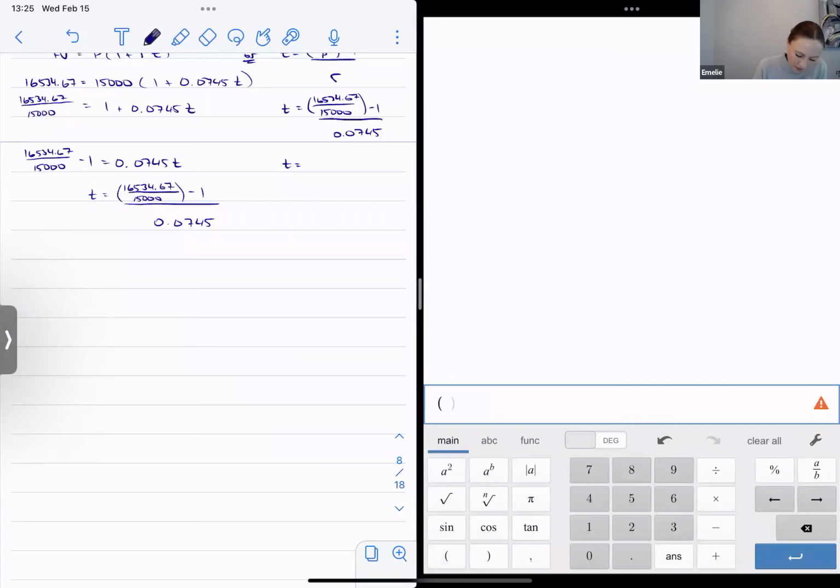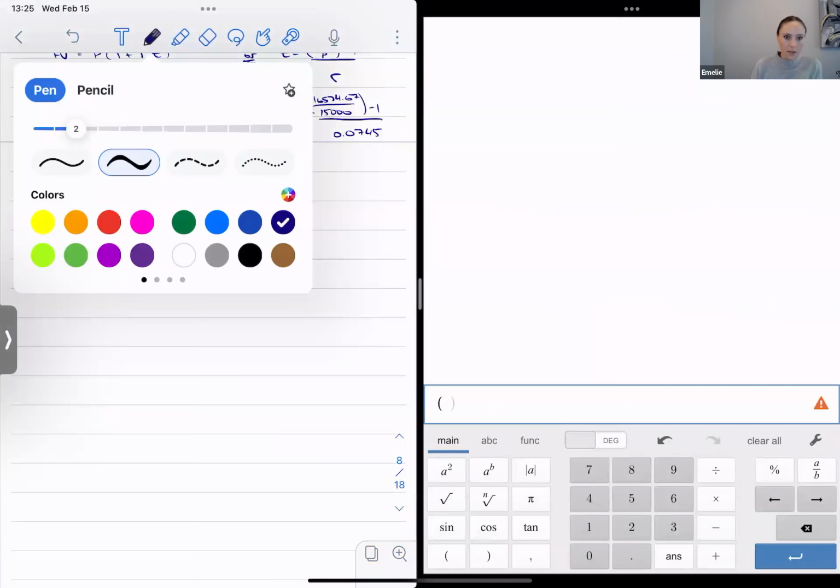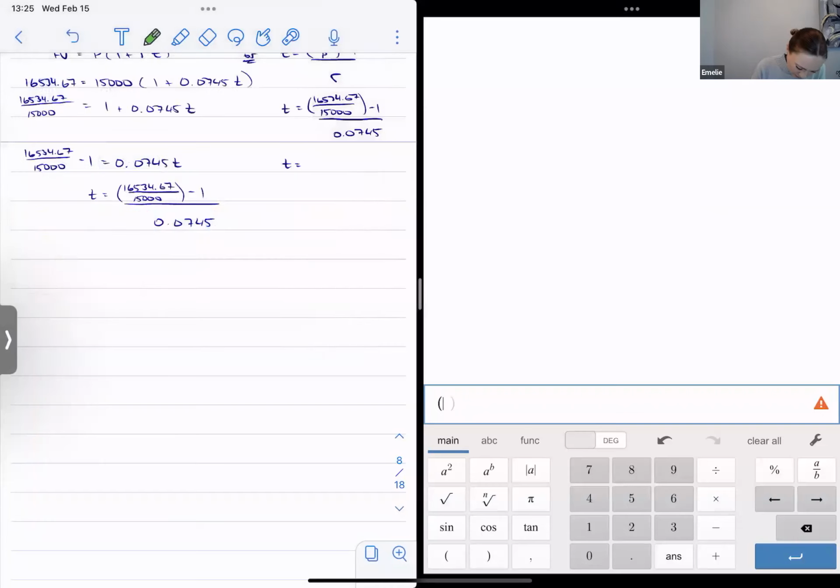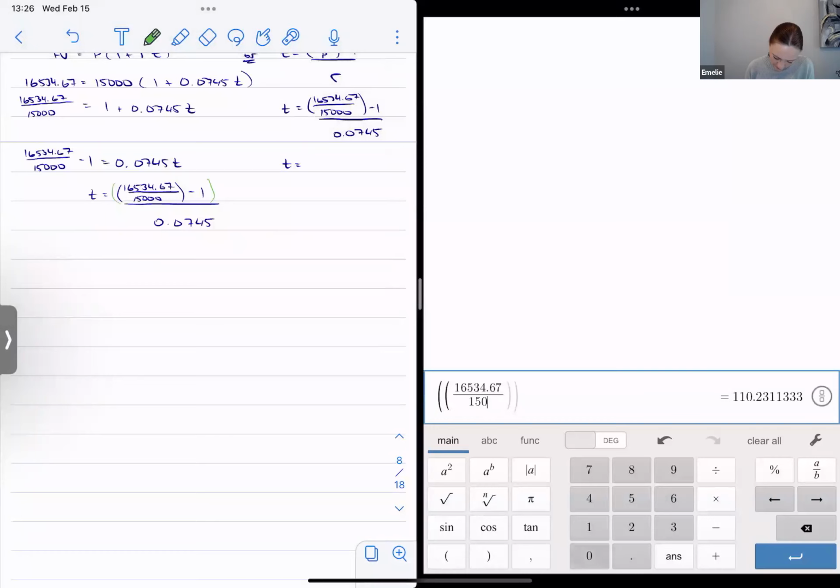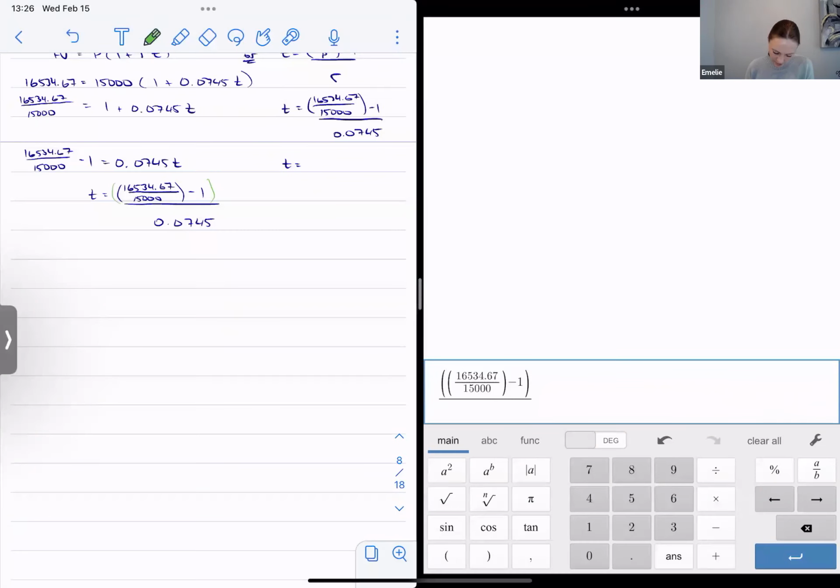So I'm going to jot down brackets just to keep that all in the numerator. Bracket, 16,534.67 divided by 15,000, step out of that bracket, minus 1, close that bracket, divided by the rate 0.0745.